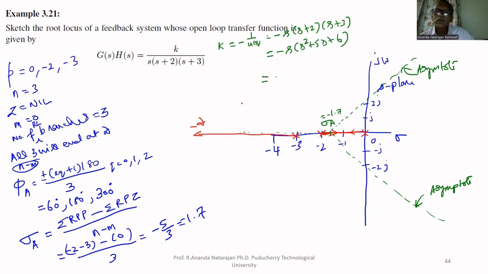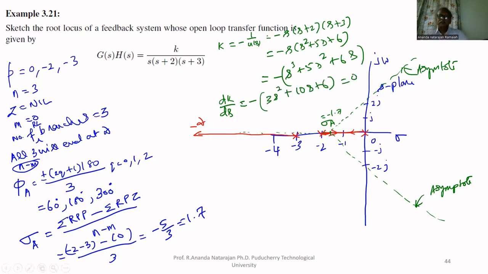That is equal to minus s cube plus 5s square plus 6s. Therefore, dk by ds equal to 0. That is minus of 3s square plus 10s plus 6 equal to 0.